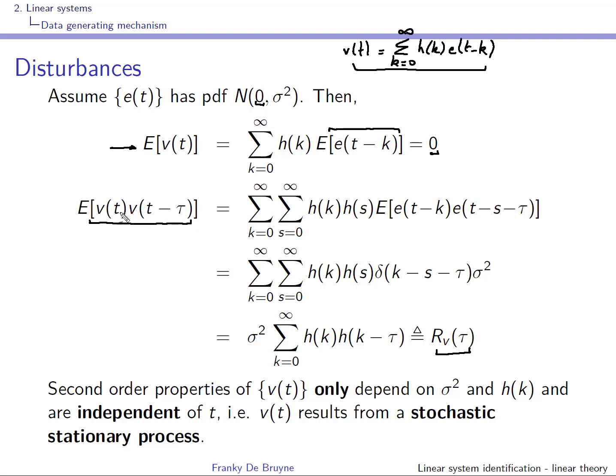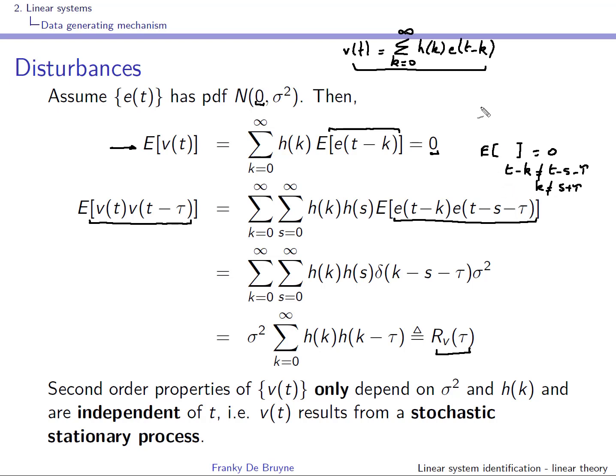If you take the product and you take the expected values inside of this sum, you'll have to take the expected value of this product over here. But remember that e of t is an independent process, so the expected value of this quantity will be 0 if t minus k is different from t minus s minus tau, so if k is different from s plus tau.